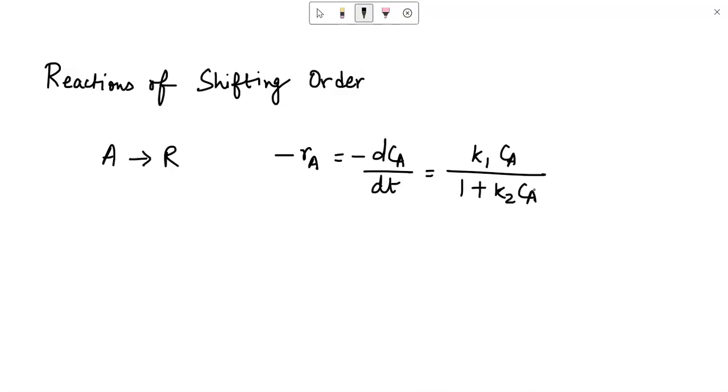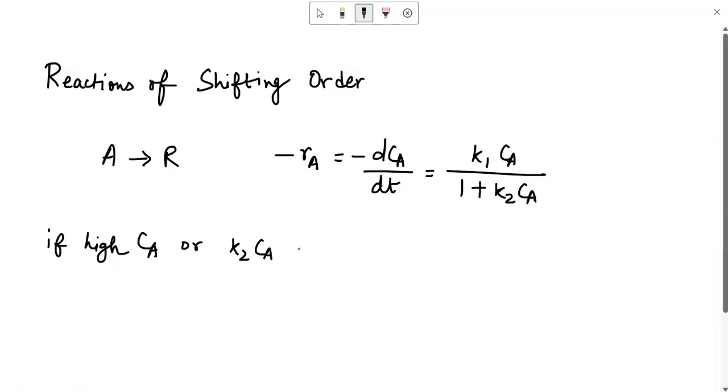As per this equation, if we have high Ca, a higher concentration region, then obviously this K2Ca term becomes much greater than 1.